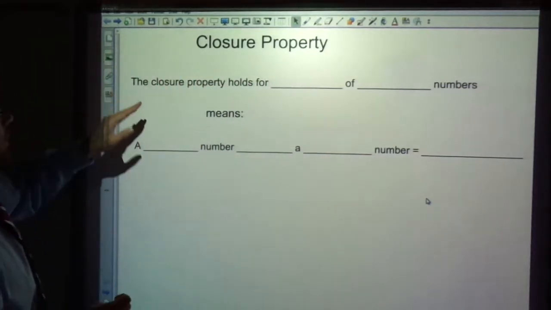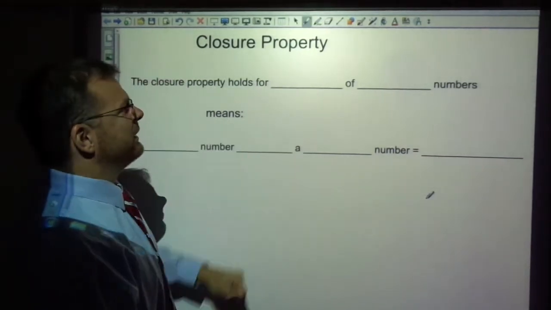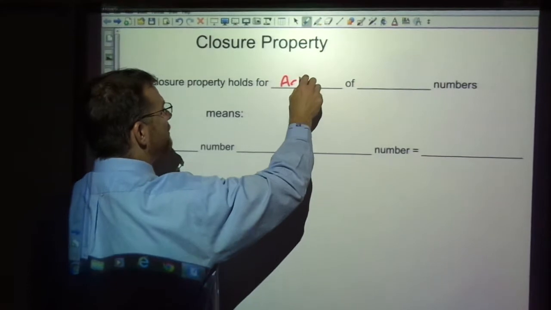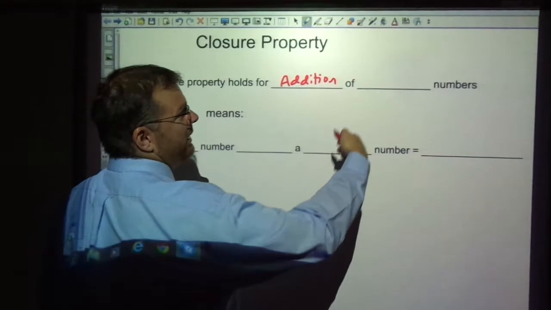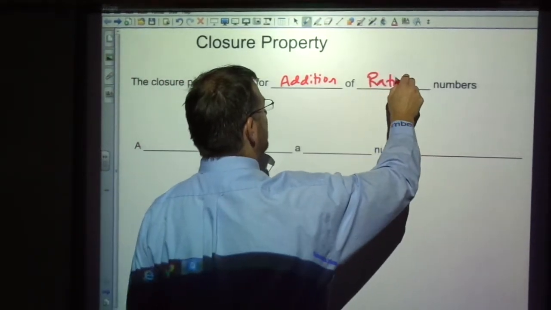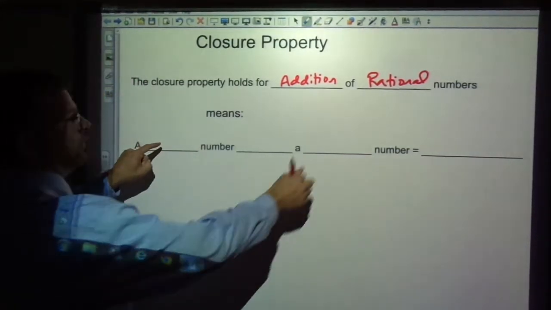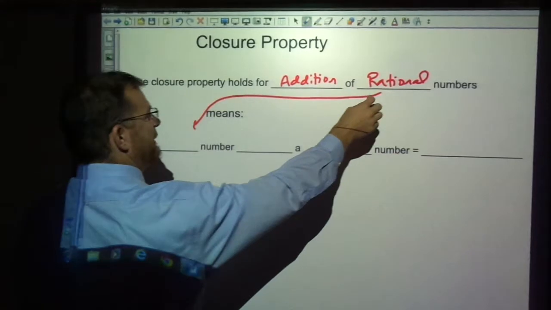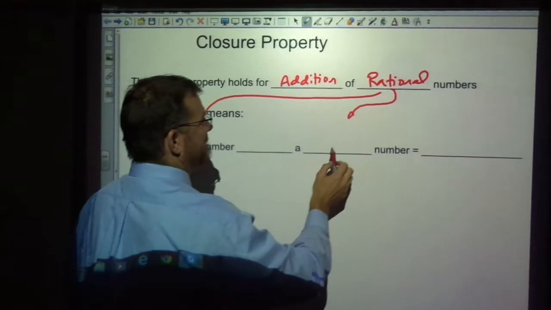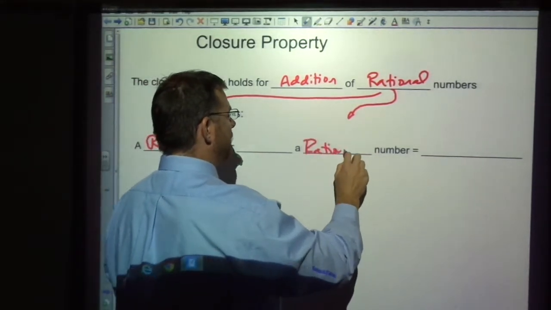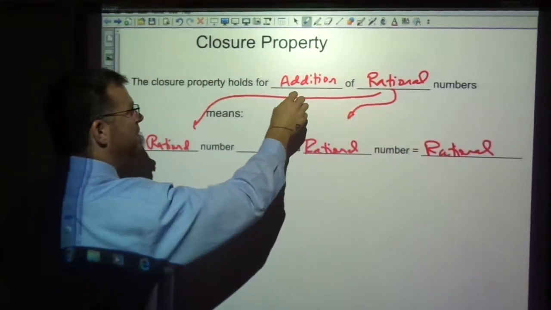We say the closure property holds for some sort of operation, let's say addition, of some sort of numbers. We will say rational numbers, let's say. What we're really saying is that a rational number and a rational number equals a rational number when we add.